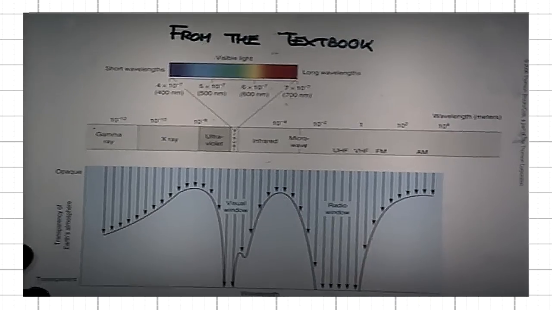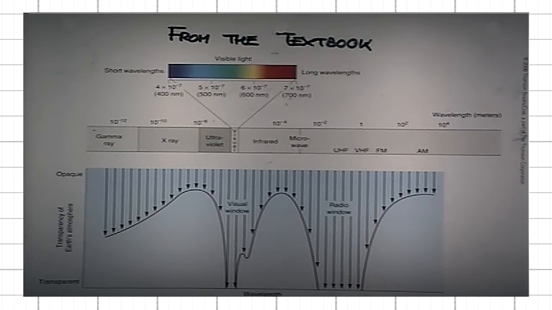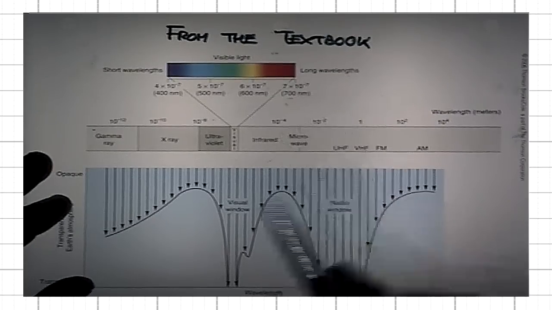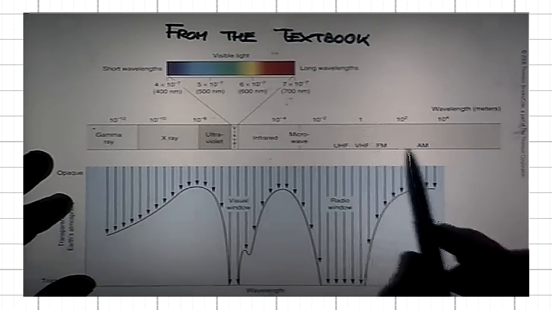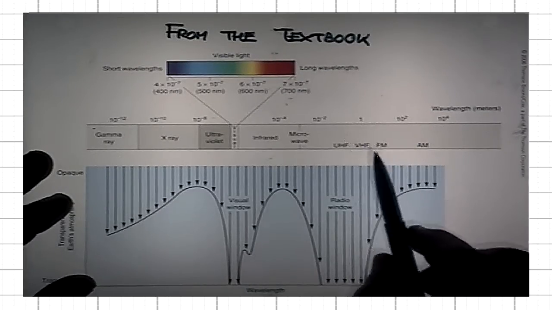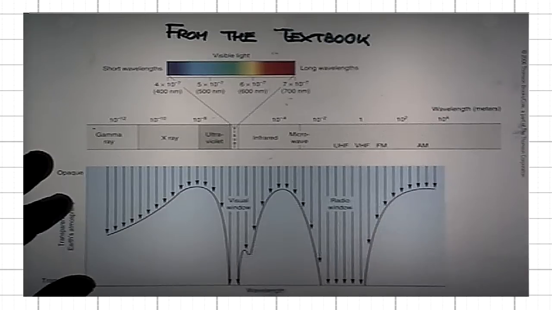Microwaves are also used in telecommunications for cell phones and so on and so forth. Then at longer wavelengths, you have radio waves, either FM at shorter wavelengths or AM at longer wavelengths.